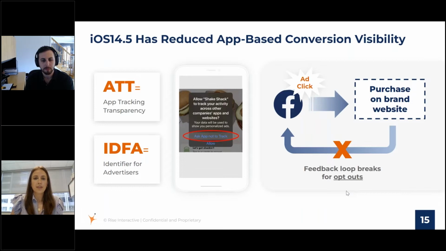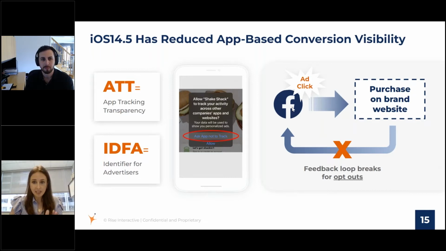When we think about the app tracking transparency change from Apple, we're all very familiar with the prompt of, do we ask the app to track or not allow them to track? What this really does for individuals who say, I do not want my activity tracked across apps, is it breaks the feedback loop for advertisers when an individual engages with an ad on the ad platform, leaves the ad platform to make a purchase or take an action on a brand website.